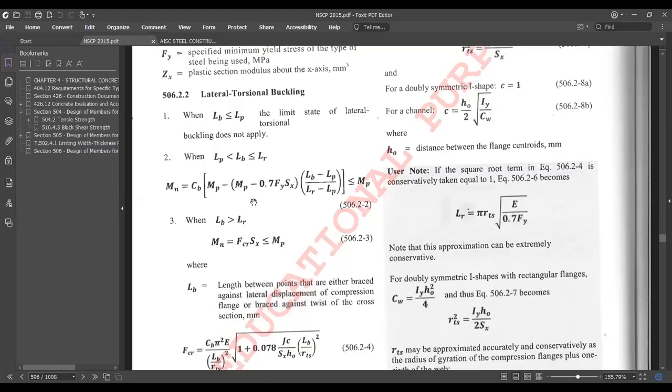So, zone 2 tayo. So, ang formula natin for moment capacity is this one. Okay? Nominal capacity. So, let me write lang yung equation dun sa slide natin before I head back. Mn is equals to Cb multiplied by Mp minus Mp minus 0.7 of Fy Sx multiplied by Lb minus Lp all over Lr minus Lp.